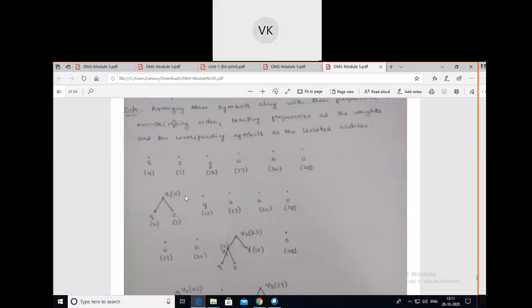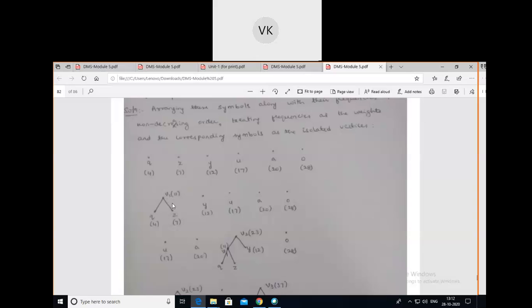How you will see: again you do the same procedure. Again you need to compare. You see here, Q and Z have already gone here. I have already merged Q and Z, and after that we have got V1 as the new node here.